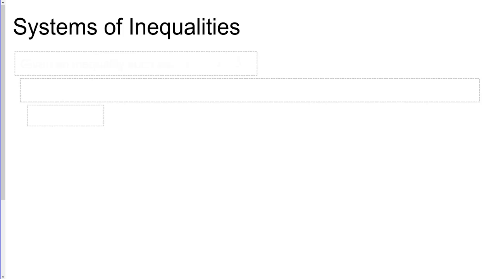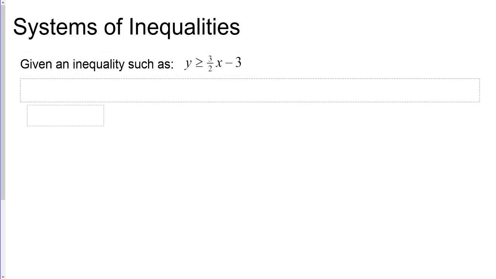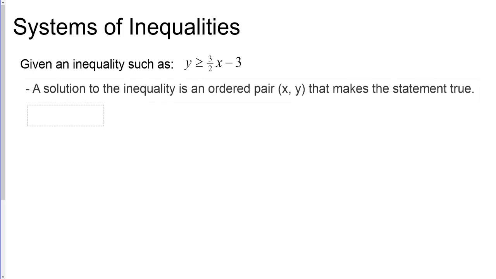So for instance, given an inequality such as y is greater than or equal to 3/2 x minus 3, a solution to the inequality is an ordered pair (x, y) that makes this statement true. For example, (2, 3).